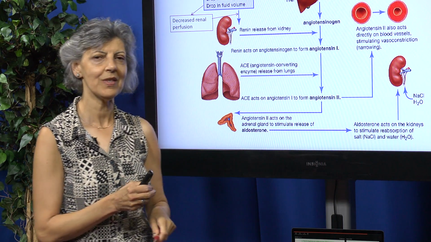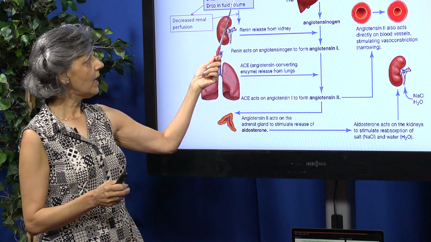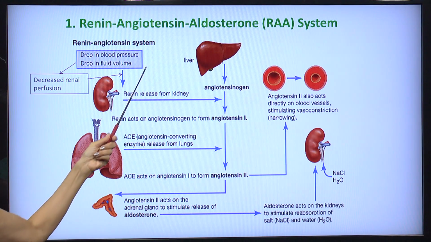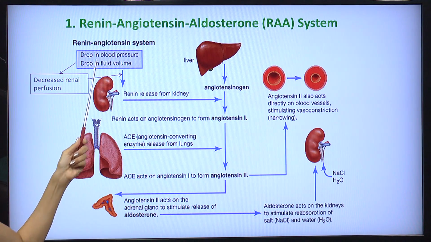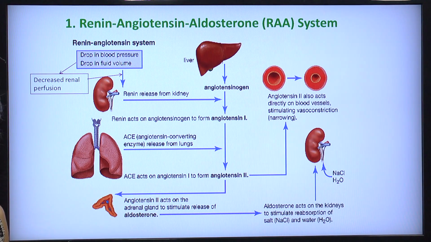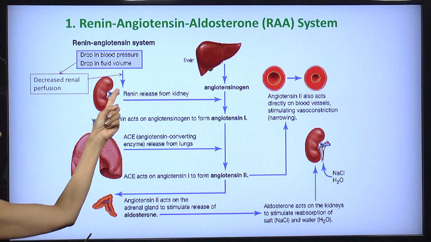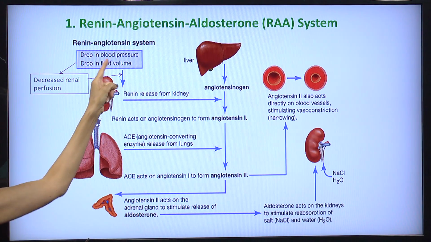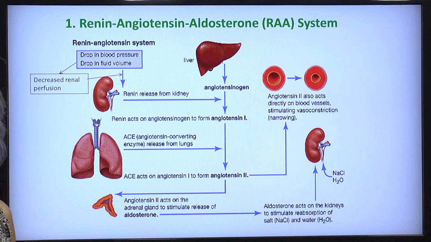So let's see how this is activated. It will all start if there is a drop in the blood pressure or a drop in the blood volume. If this occurs, there is less blood reaching the kidney because there is not enough blood. We call this decreased renal perfusion.